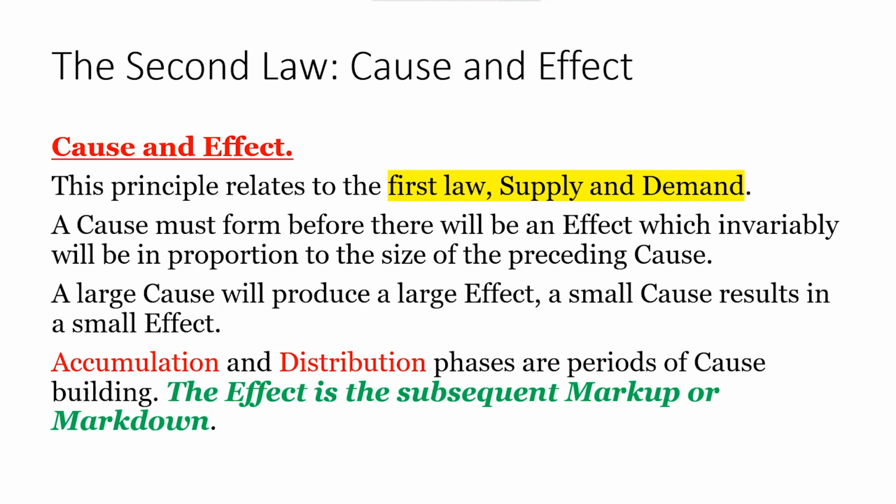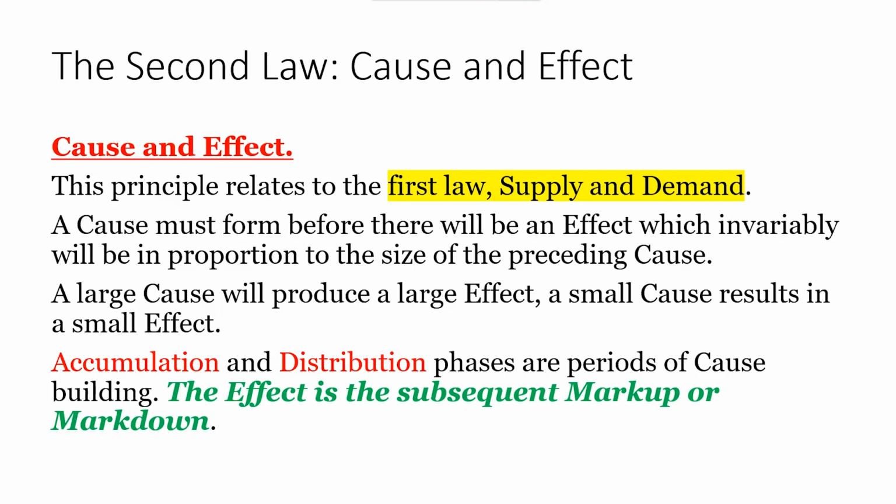In the Wyckoff parlance, accumulation and reaccumulation are periods of trendless sideways trading that precede and are the preparation for an important uptrend. A period of distribution or redistribution are periods of sideways trading which precede a markdown phase in a stock or the market. And so these are very important concepts.